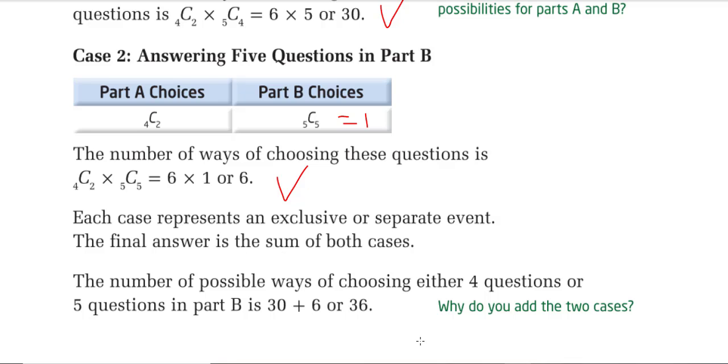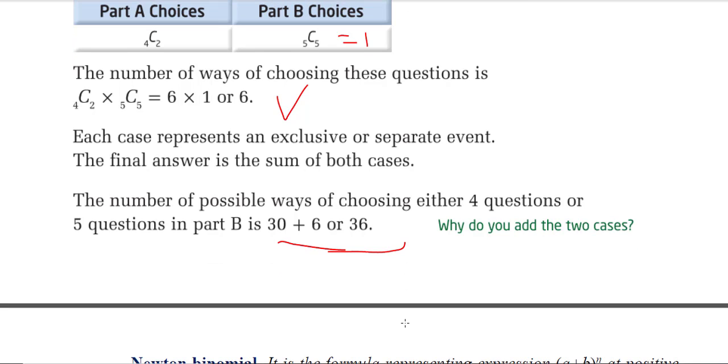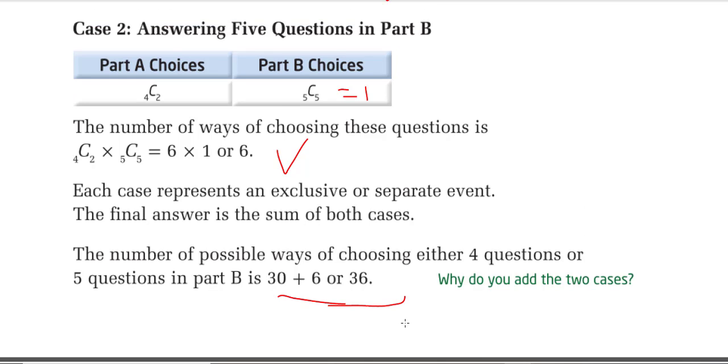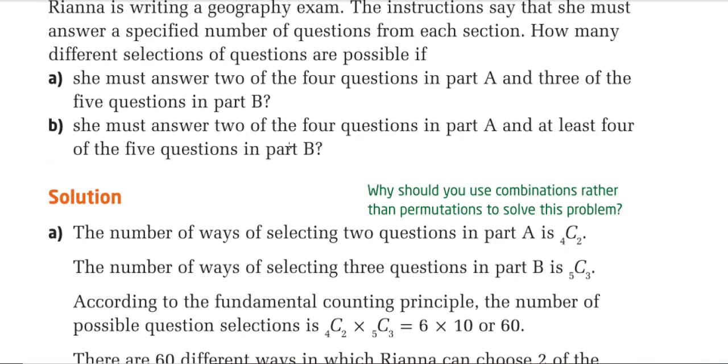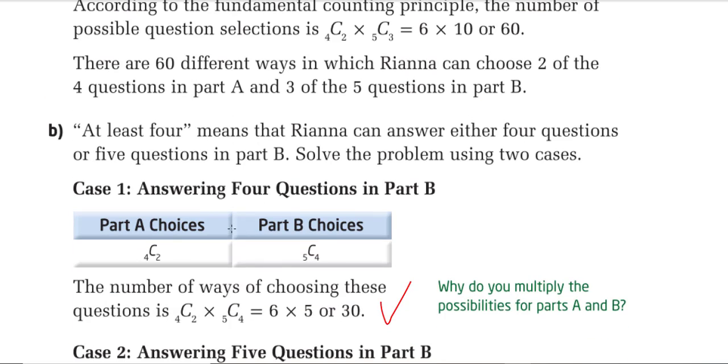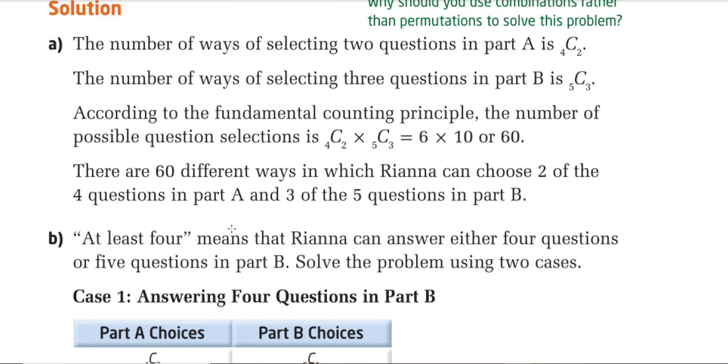So we need to add them: 30 plus 6, this is 36. So we have 36 possible ways to answer 2 of 4 questions in part A and at least 4 of the 5 questions in part B. This is combination.